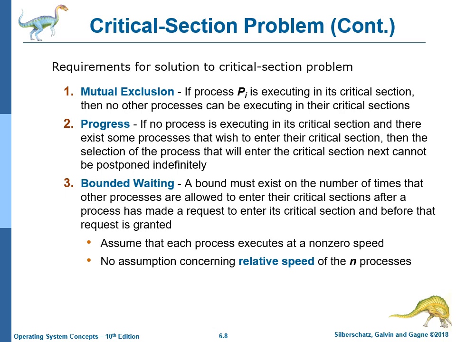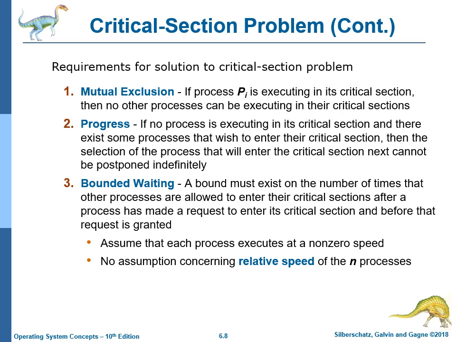So the progress: if no process is executing in its critical section and there exist some processes that wish to enter the critical section, then the selection of the process that will enter the critical section next cannot be postponed indefinitely. So syarat yang kedua dalam critical section problem ialah progress.